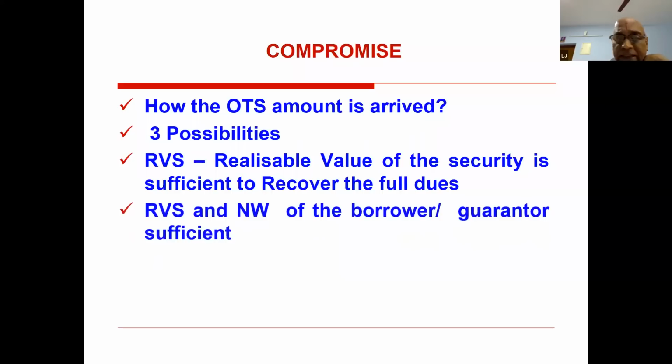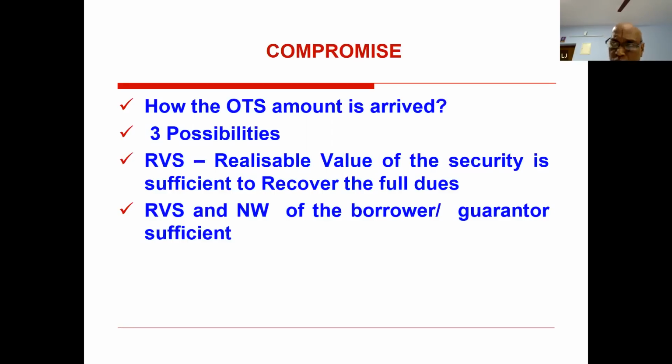The second point: the realizable value of the security alone is not sufficient to recover the dues, and only if the net worth of the borrower and guarantors is taken into account, both of them together are sufficient to recover the dues. Here also, as in the first case, when the realizable value is sufficient, the bank uses a formula. As per the formula, the OTS amount is arrived at.